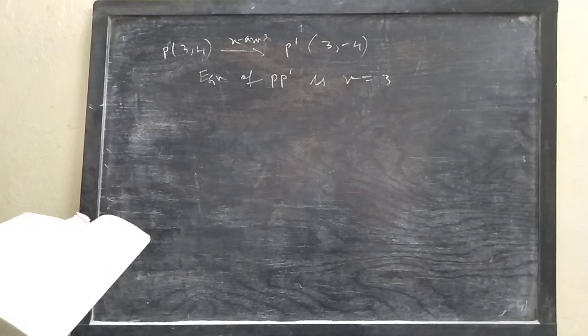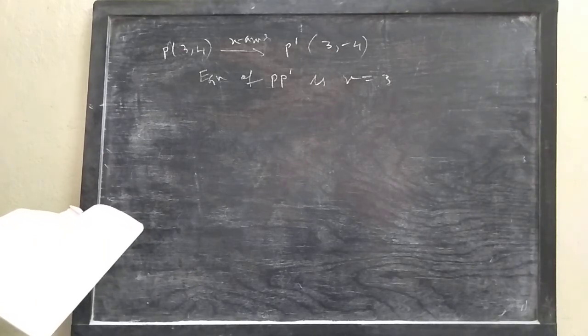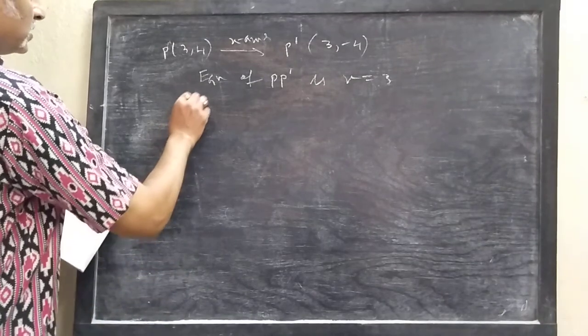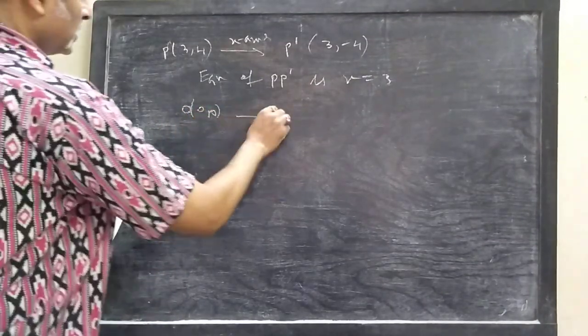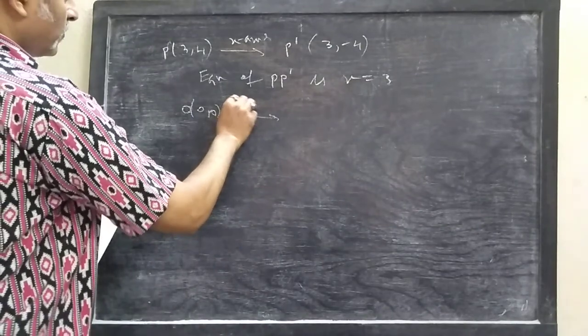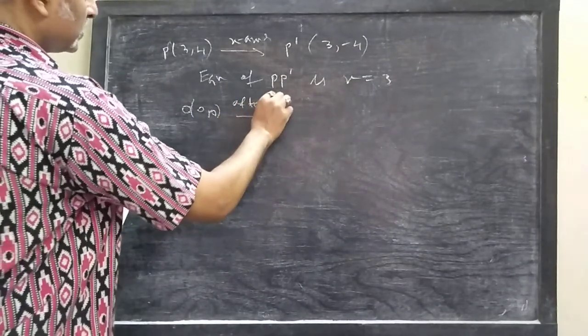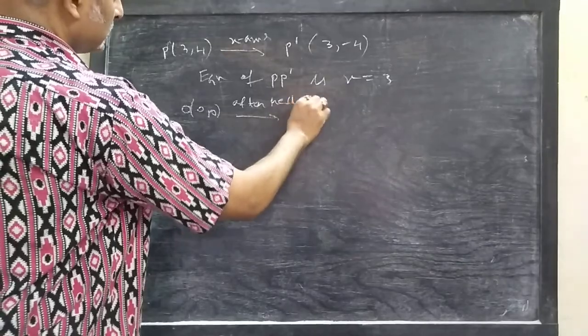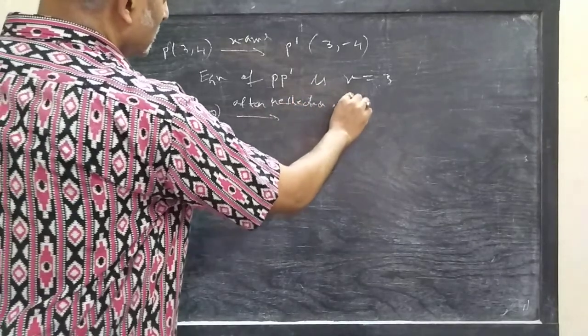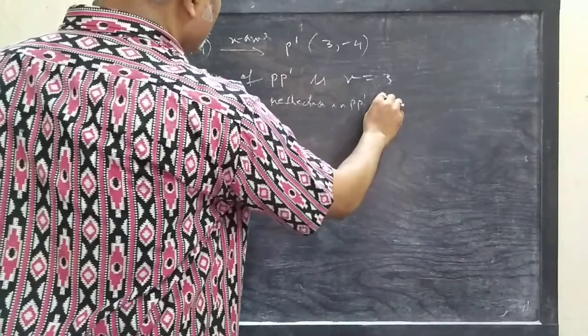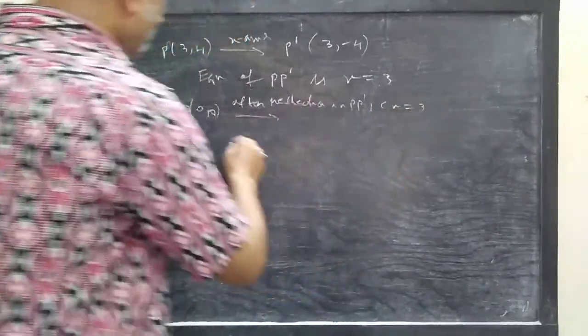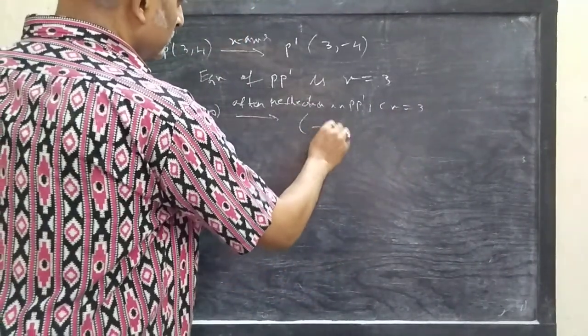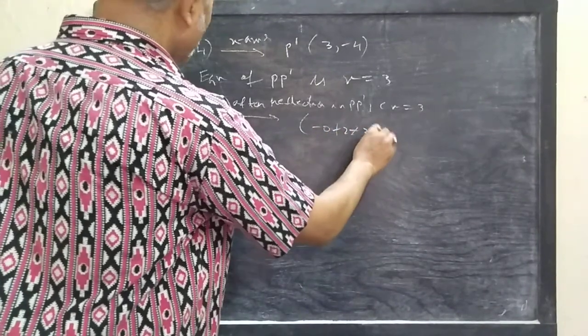So now you have to reflect O in the line PP'. O is (0, 0). After reflection in PP', that is x equals 3, it will go to (-0 + 2 times 3, 0).